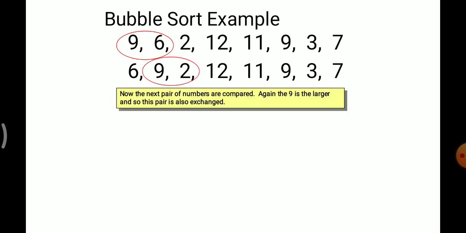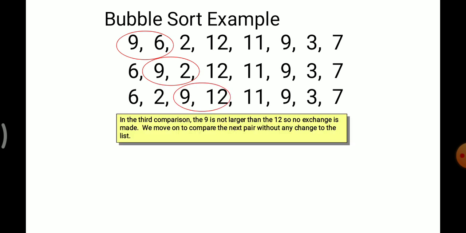Then the second and third elements will be compared. Now the next pair of numbers are compared. Again the 9 is the largest, and so this pair is also exchanged. Here the position of 2 will be exchanged with the position of 9.